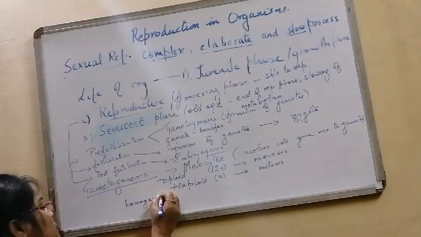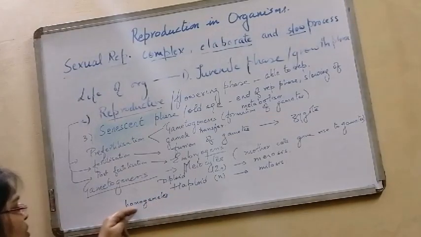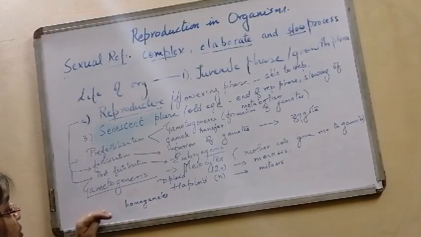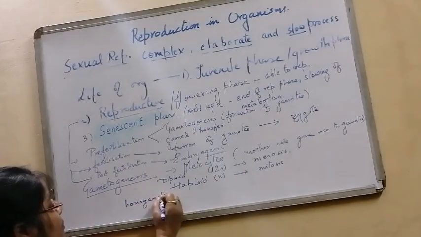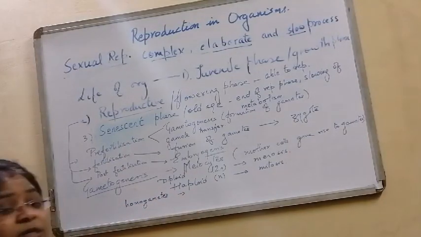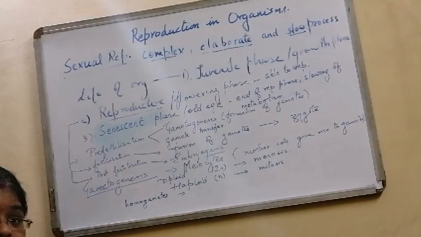Now, further we can divide gametes as homogametes. Homo means same, same in their structure, morphologically in their appearance.